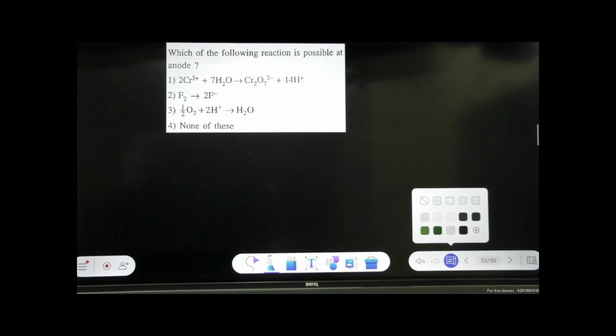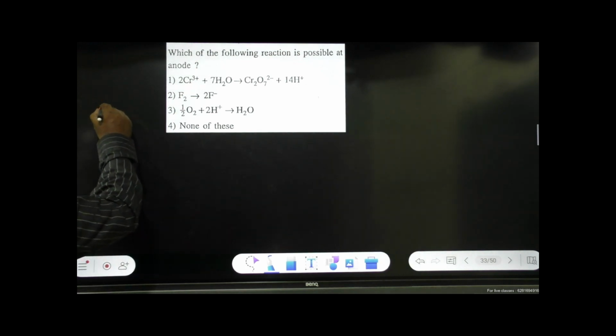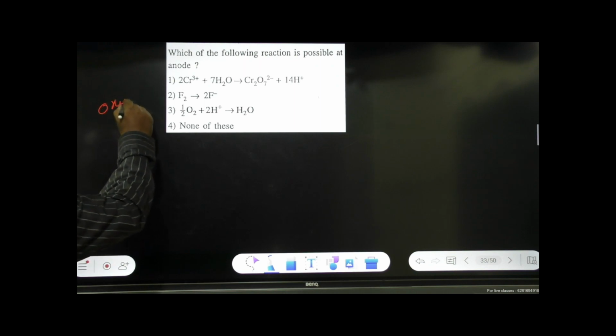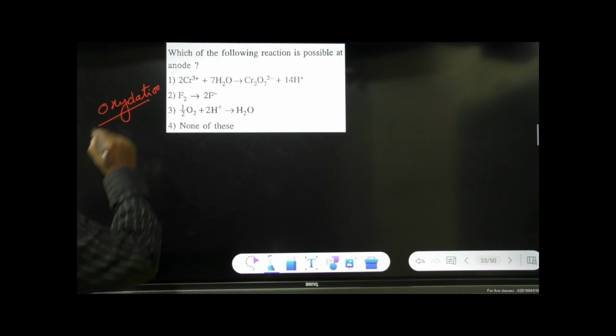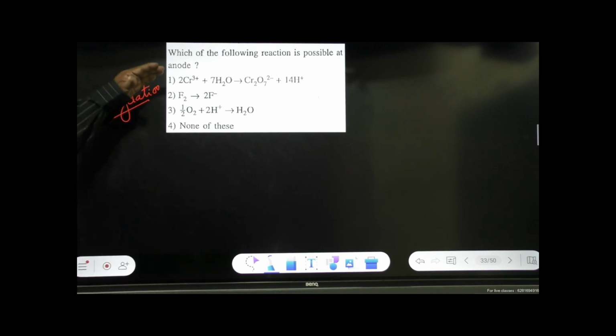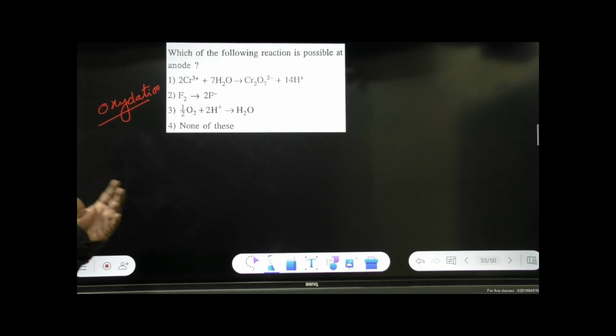Which of the following reactions is possible at the anode? Oxidation will take place at the anode. Now we have to find out which of these options is an oxidation and which is a reduction.